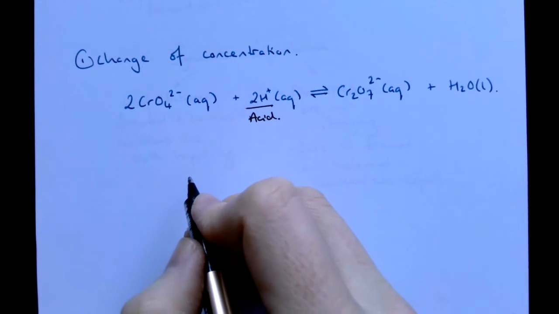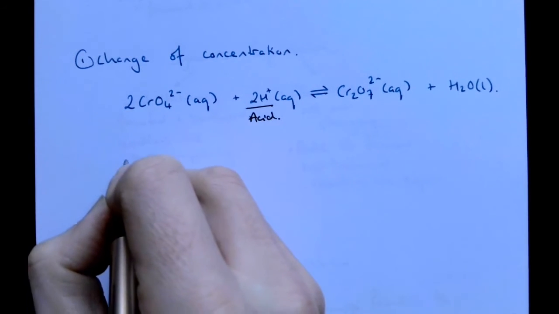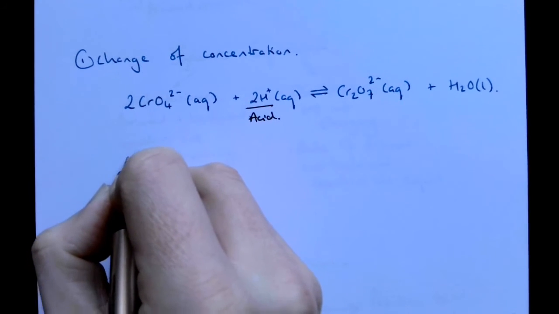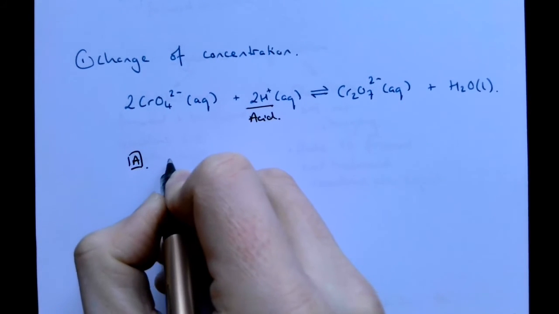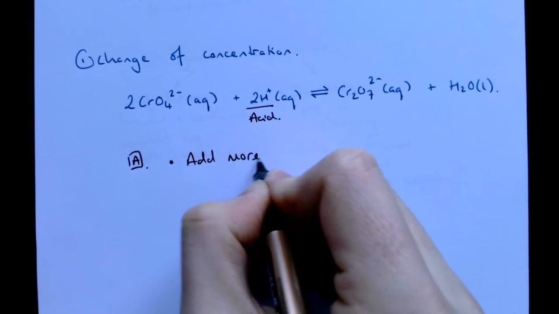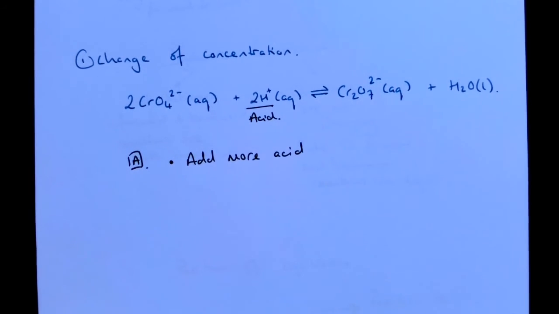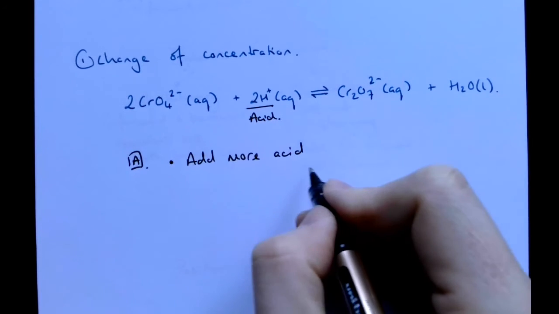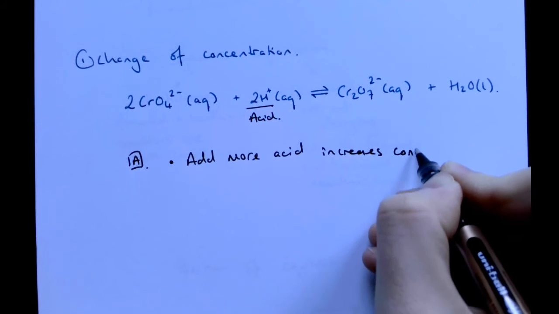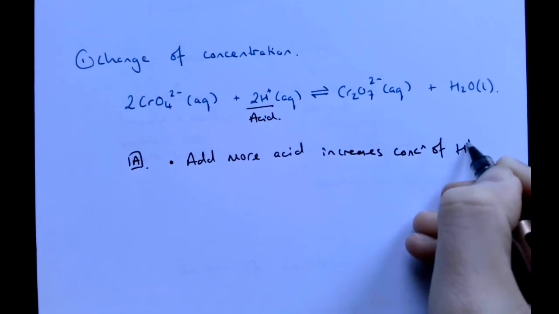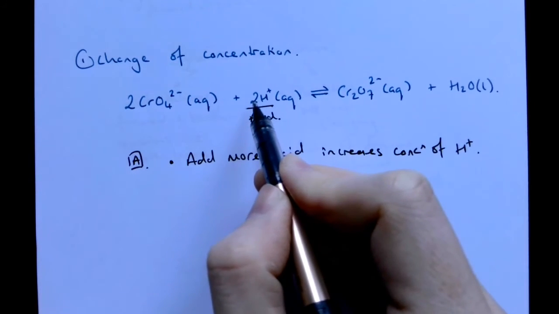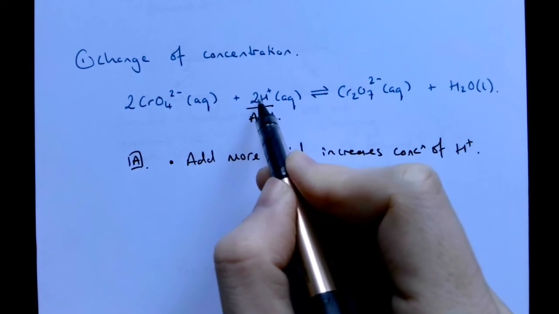So situation number one, I'm going to call this A, is if I add more acid. What happens if I add more acid? Well, adding more acid increases the concentration of H+, because acid is going to be H+. If I put more acid in, I'm going to get more H+. So I've increased this quantity here.